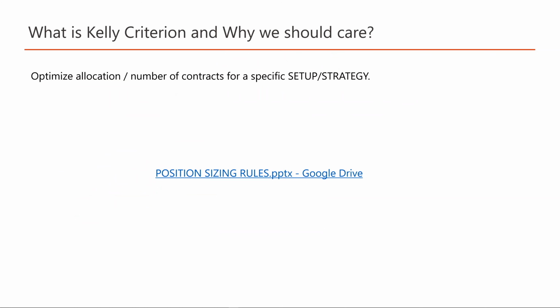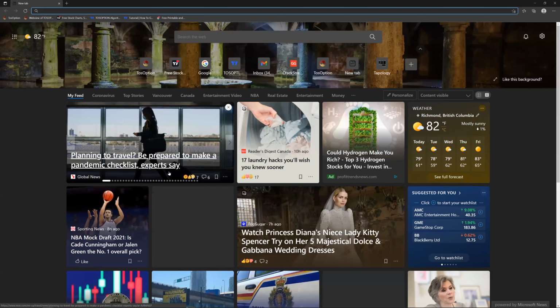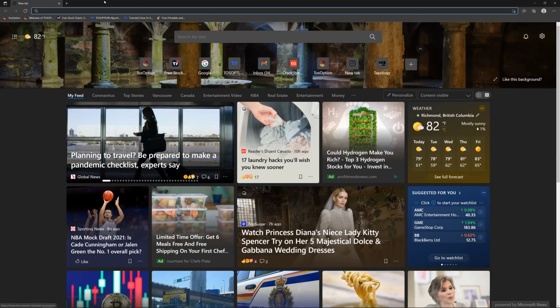Making too much money is not a bad thing, right? But then what happens if you get hit on one of those big trades? It'll wipe you out. So you want to make sure that you understand Kelly Criterion is a method. Let's look it up on the webpage here.